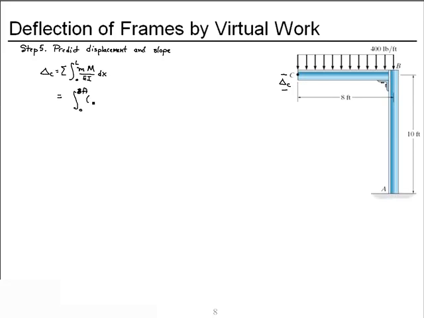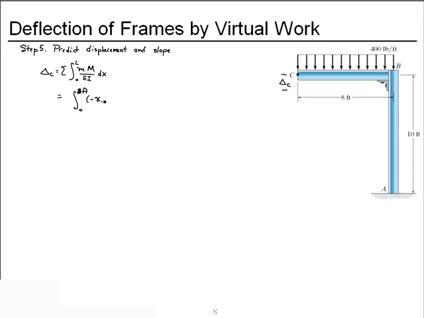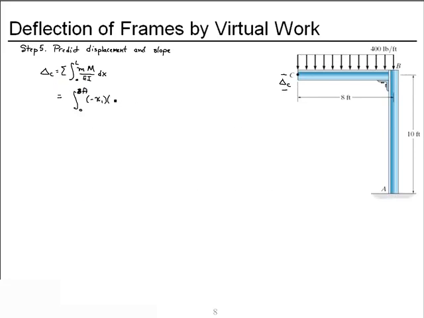Our virtual moment we found in step 3 to be a minus x1 for the virtual load. And our real moment we found to be minus 0.2 kips per foot x1 squared. Divide that by EI. Integrate with respect to x1.